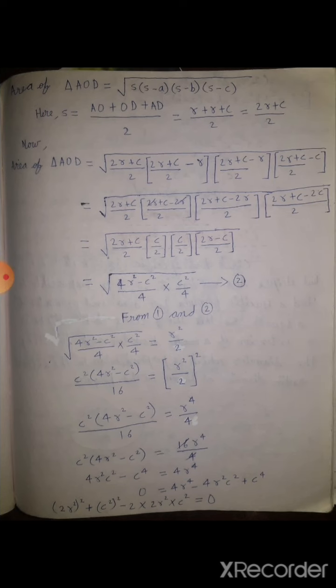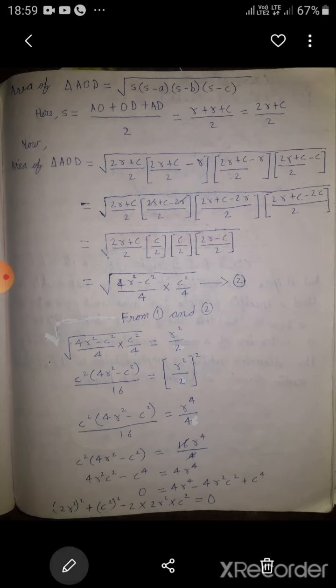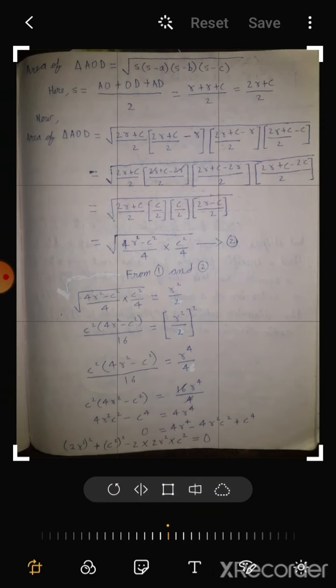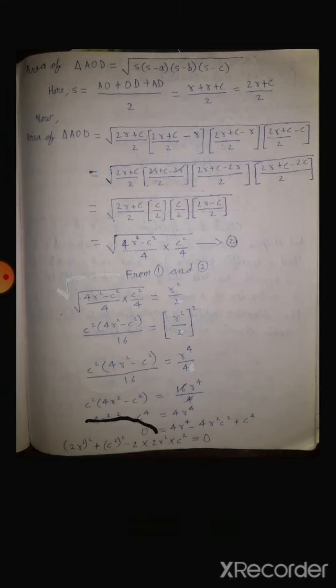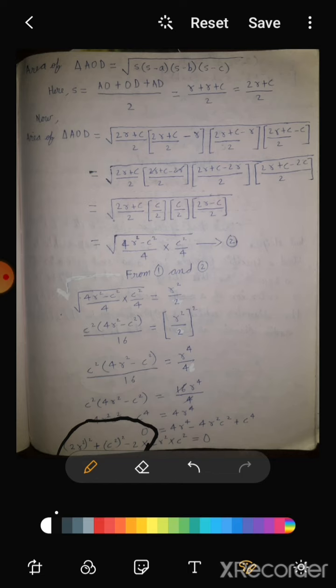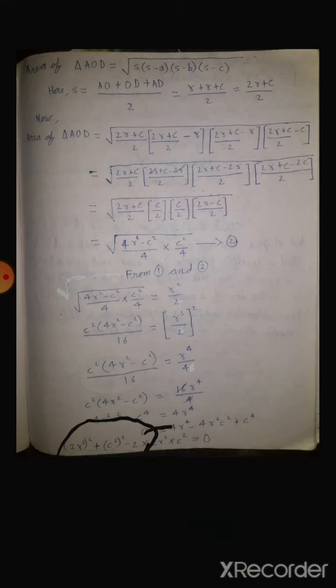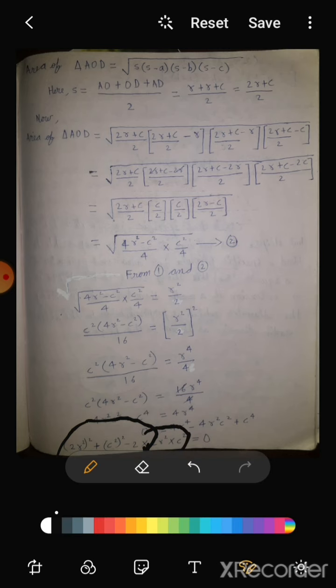So as we have seen in the previous step, that is (2R square) whole square plus (C square) whole square minus 2 into 2R square into C square, it is equal to 0.